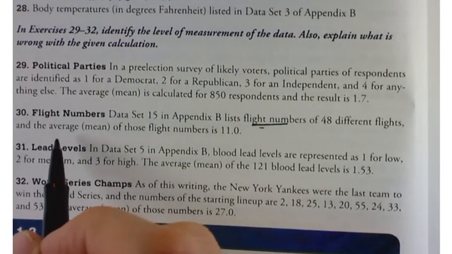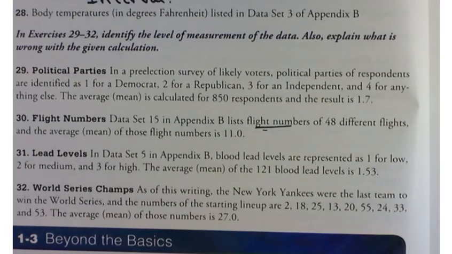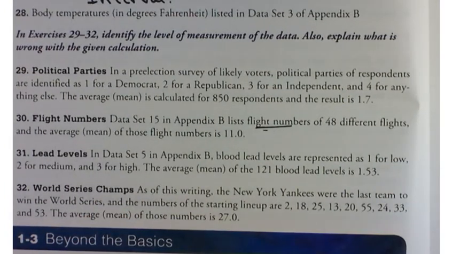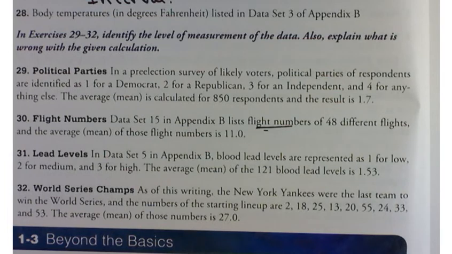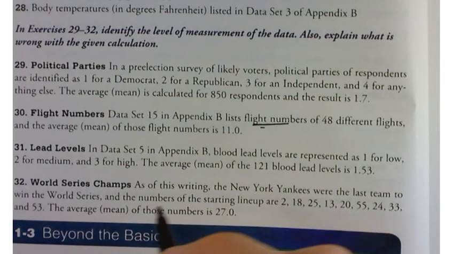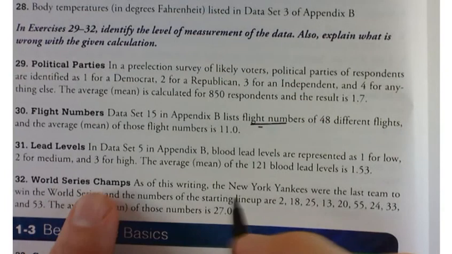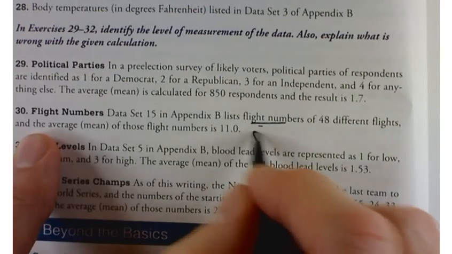How about the length of time of that flight? What kind of data is that? It'd be interval, because certainly you can have flights that are twice as long as something else. Makes sense there. So actually it'd be ratio, right? It'd be ratio. So average here, the last one would be ratio.